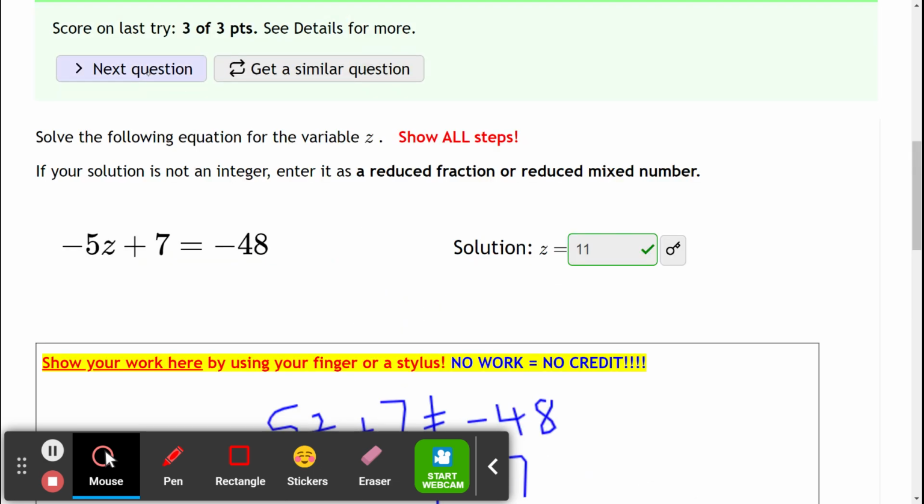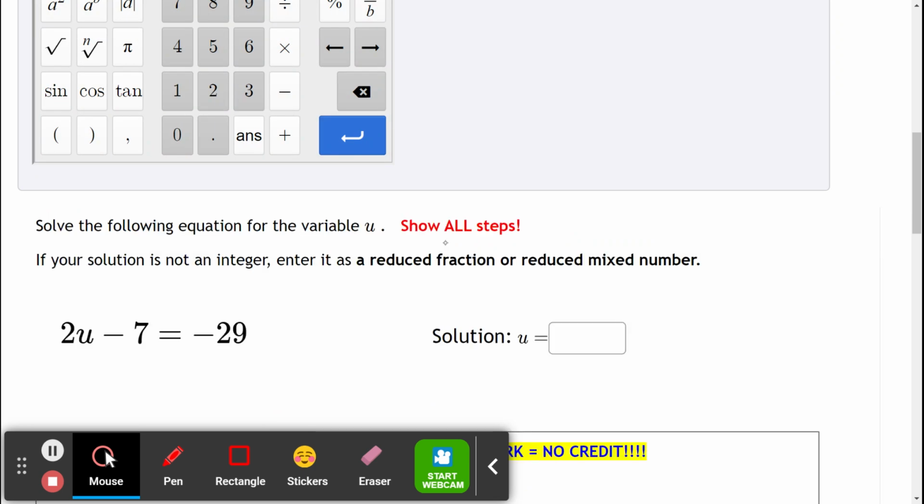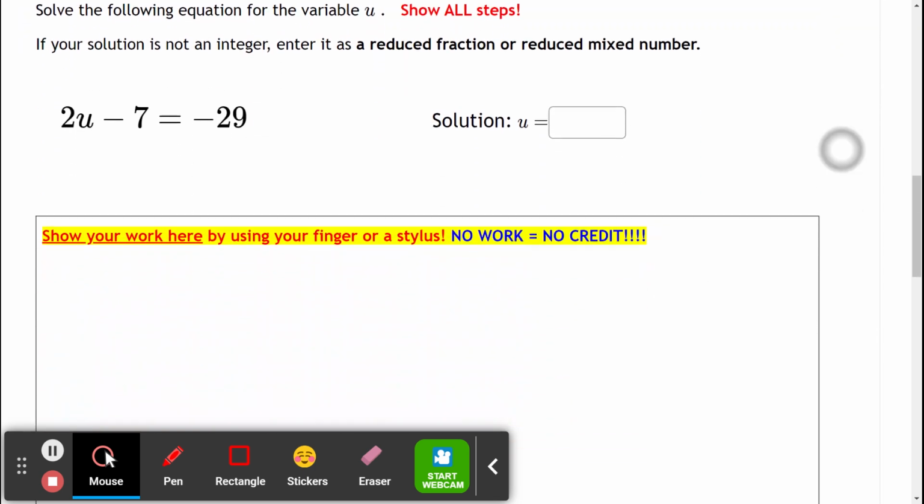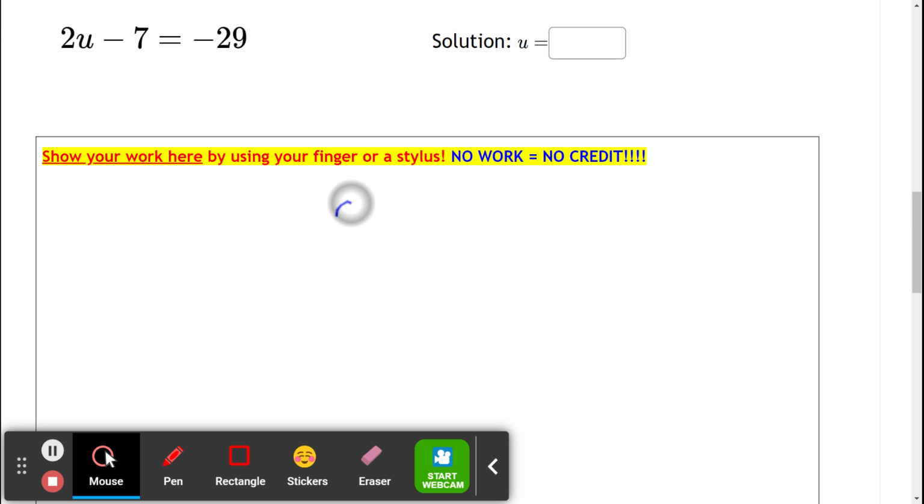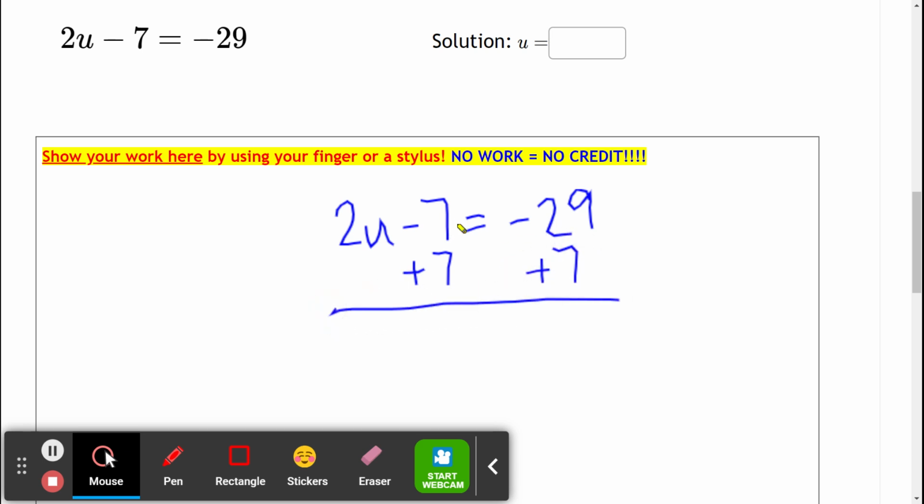Okay, next we have this problem where we have 2u minus 7 equals negative 29. Inverse operations, the inverse of subtracting 7 is adding 7. And so just like our scale here, we have 2u is equal to, well, that's negative 22.